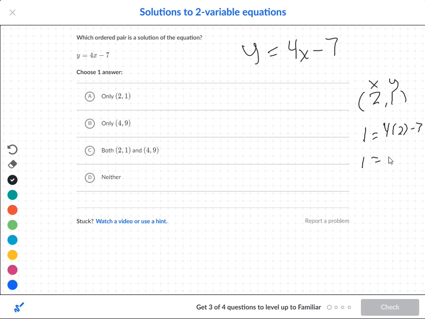So we're going to say 1 is equal to 8 minus 7. So we get 1 is equal to 1. So the first equation works. So we get 2, 1.